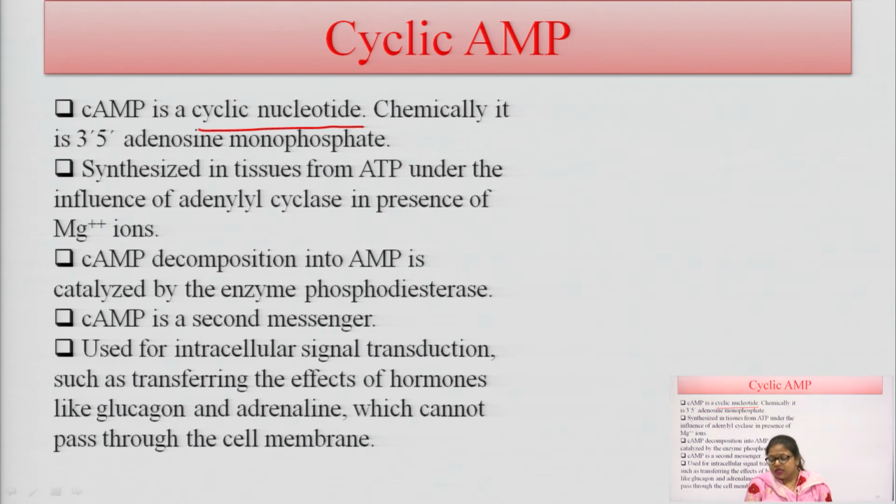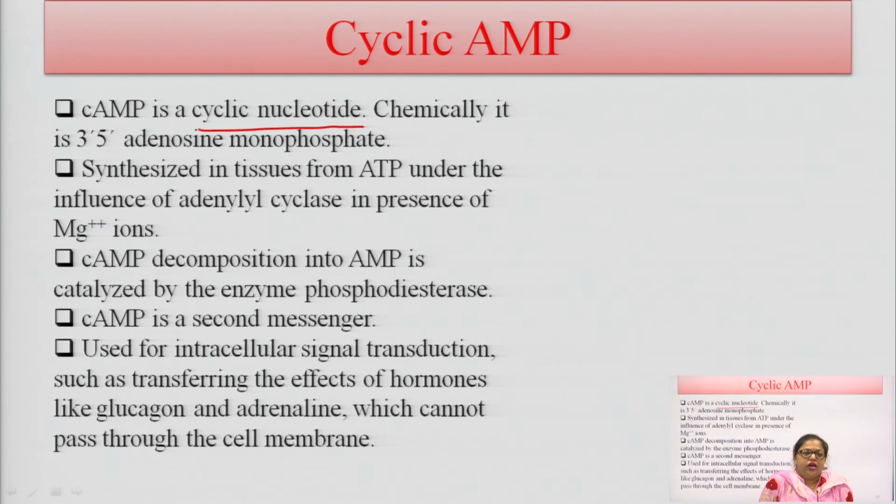Cyclic AMP is decomposed into AMP, catalyzed by the enzyme phosphodiesterase. cAMP is a second messenger, and it is used for intracellular signal transduction.